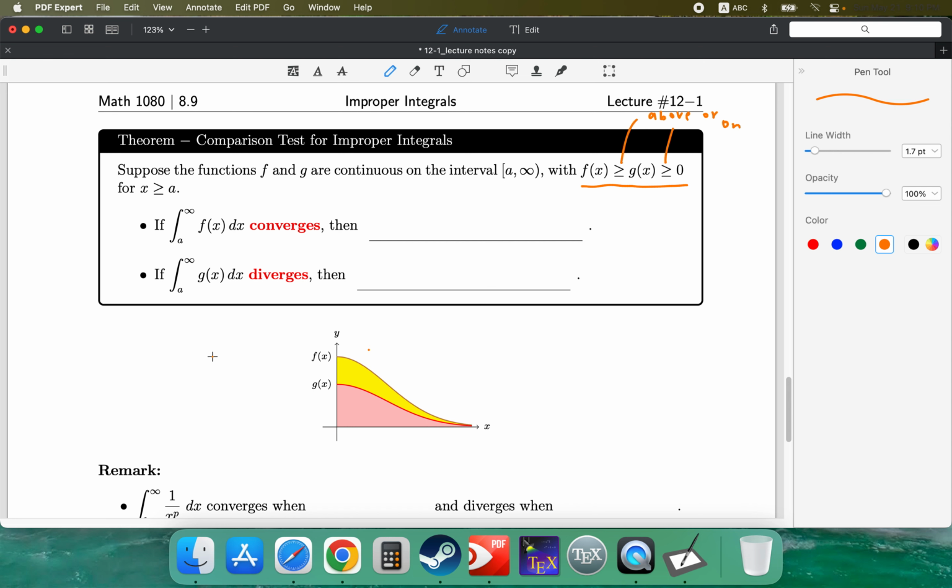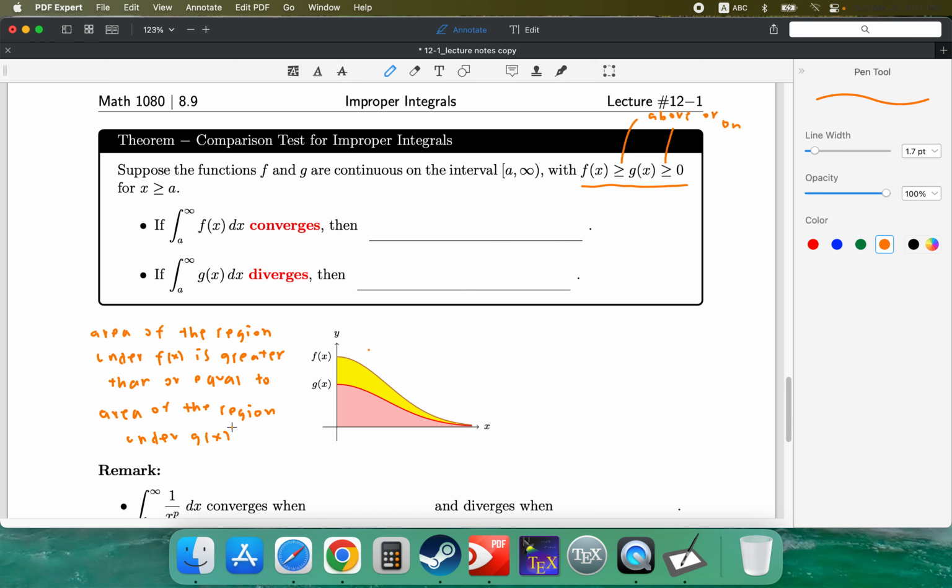So if you have this relationship between f and g, then the area of the region under f is greater than or equal to, if f and g are equal to each other, the area of the region under g.